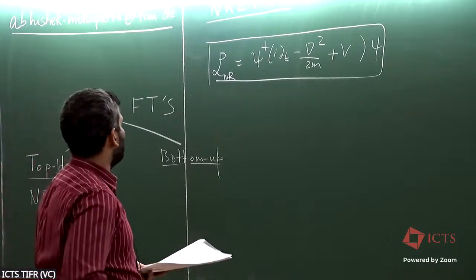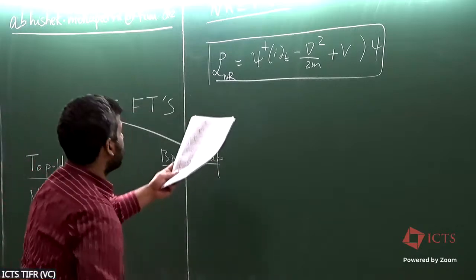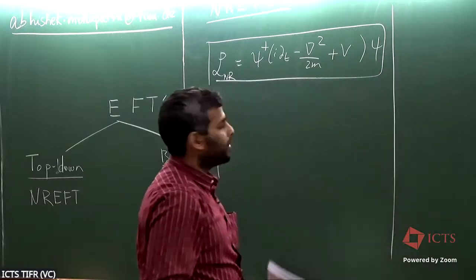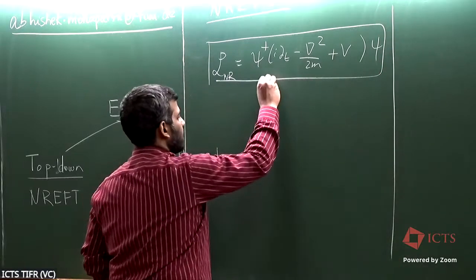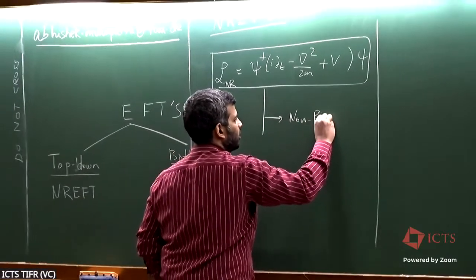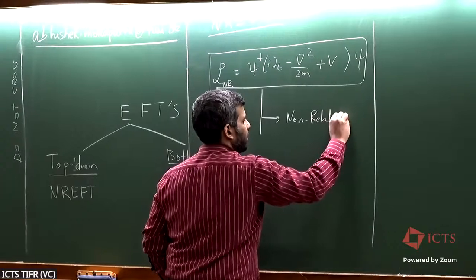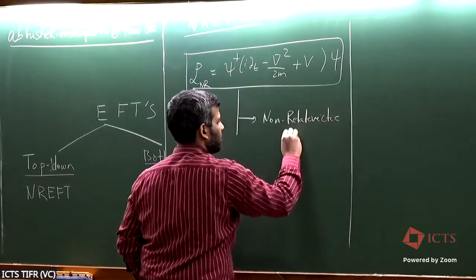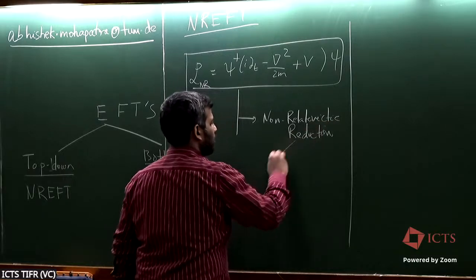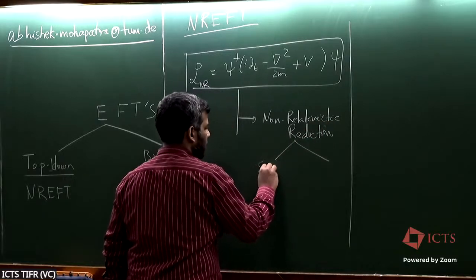So to arrive at this, there are a couple of ways one can do. There is something called non-relativistic reduction. I will go over it for both scalar and fermions.